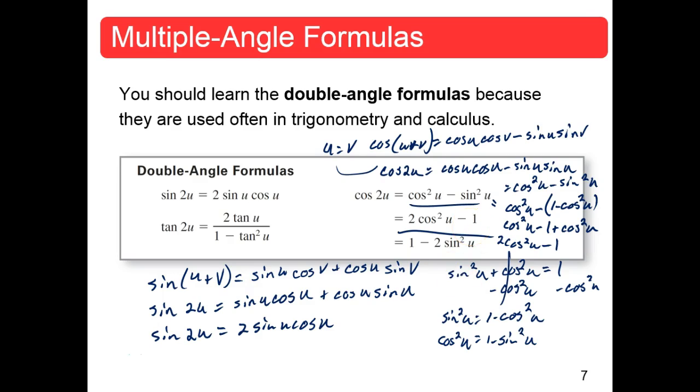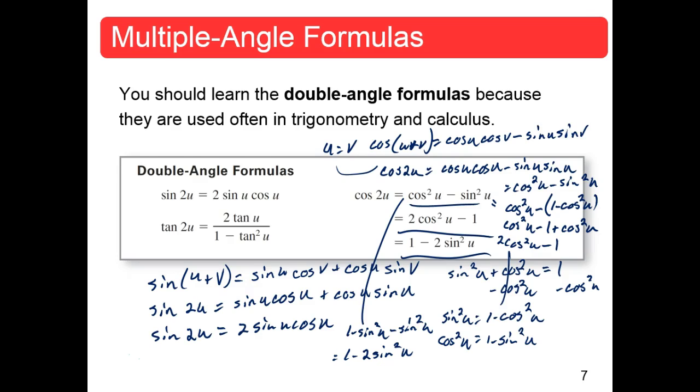Now we put that instead of this one up here, and that would be 1 minus sine squared u, that's cosine squared u, minus sine squared u. Well, that is 1 minus 2 sine squared u. Ding! There's that one.